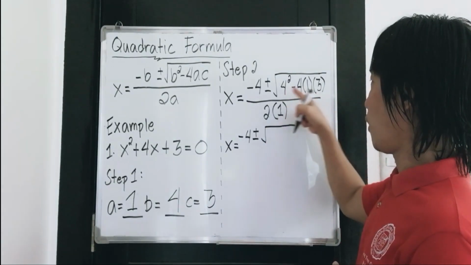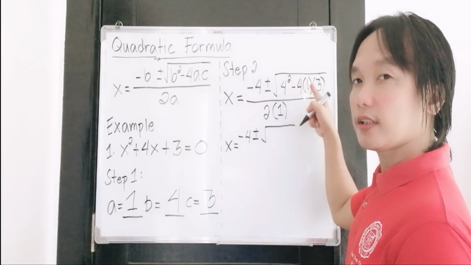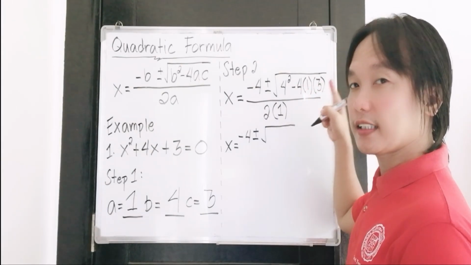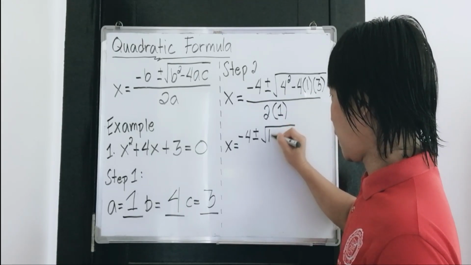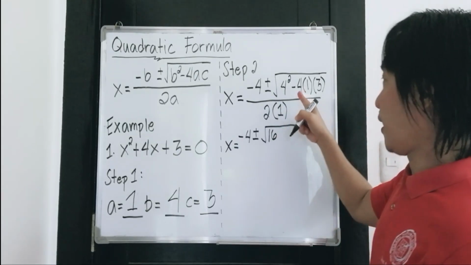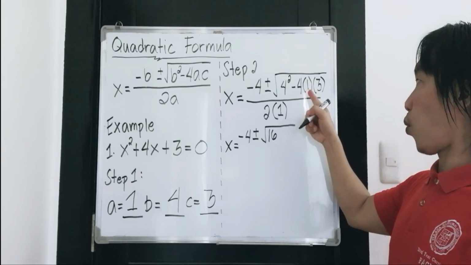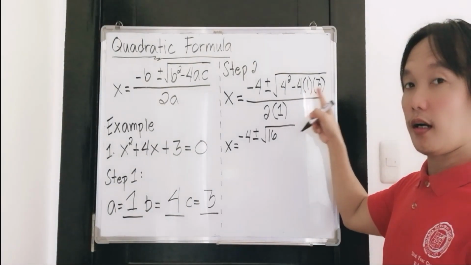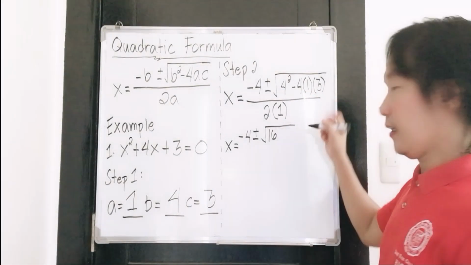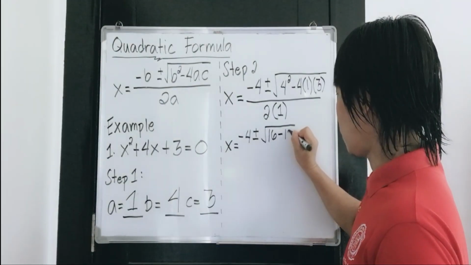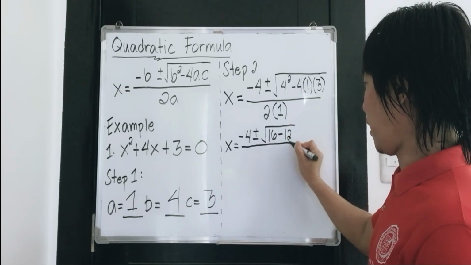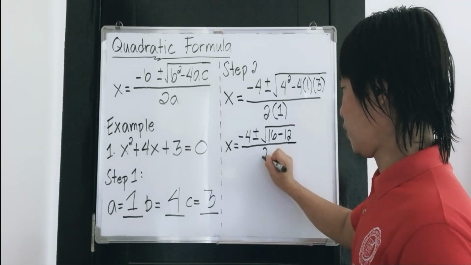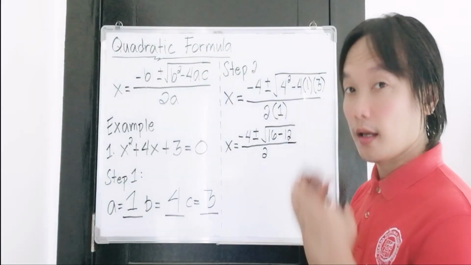Now we have to simplify our discriminant, so 4 squared will become 16, minus 4 times 1, that's 4, times 3, that's 12, all over 2 times 1, that will be 2.